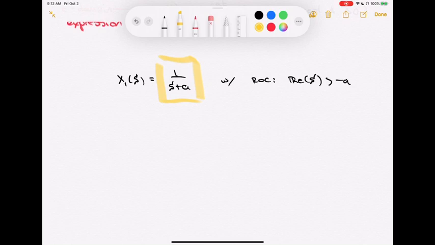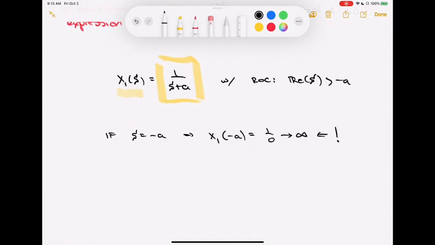Think about a value of s that would cause us a problem in this x1 of s. If I let s be equal to minus a, what would that tell me? That would tell me x1 of s at s equal to minus a would be 1 over 0, which would go off to infinity. That's a blow-up kind of behavior.